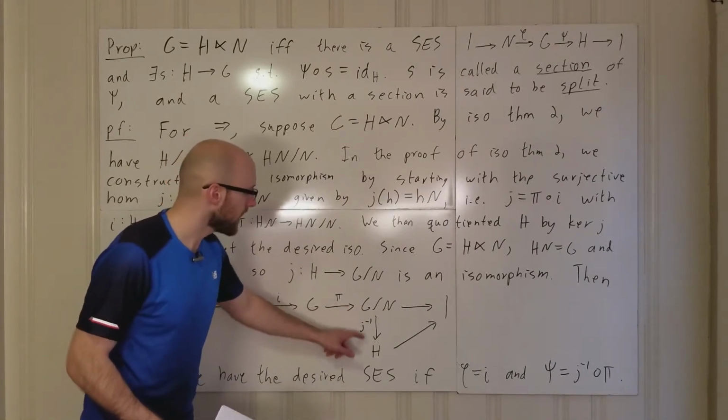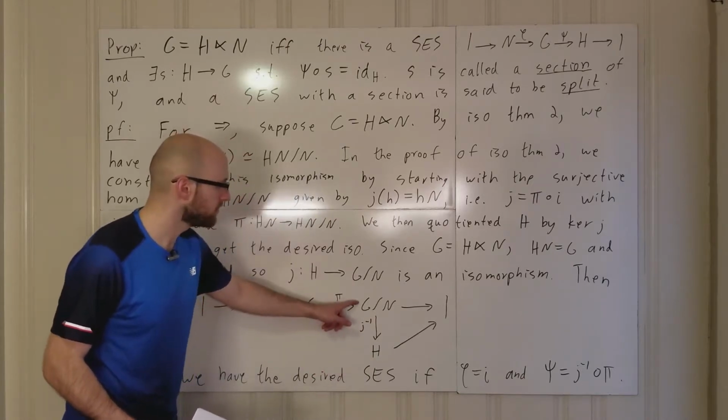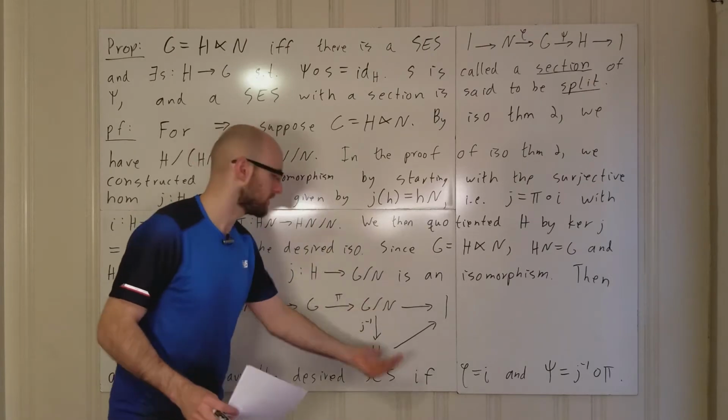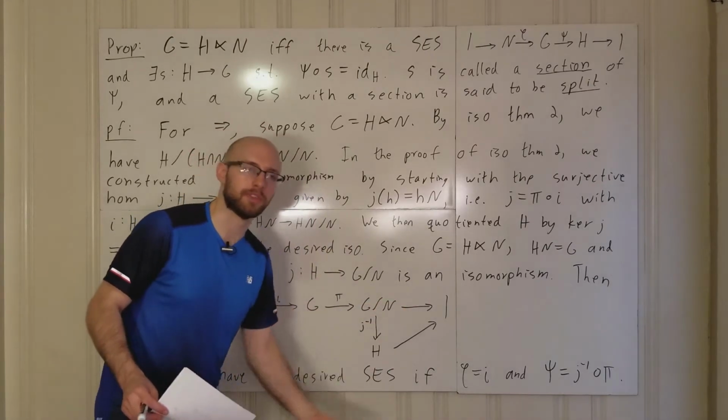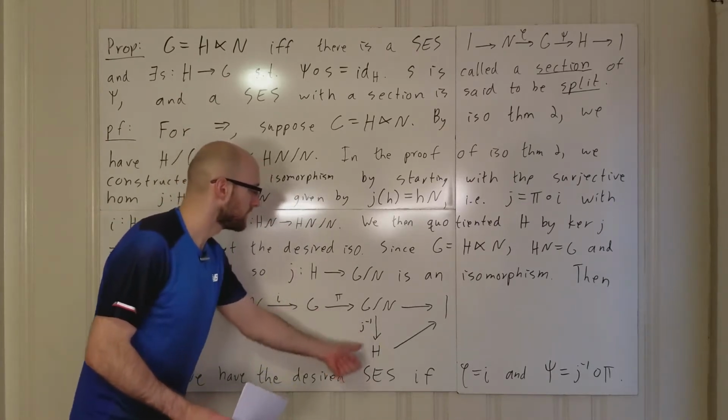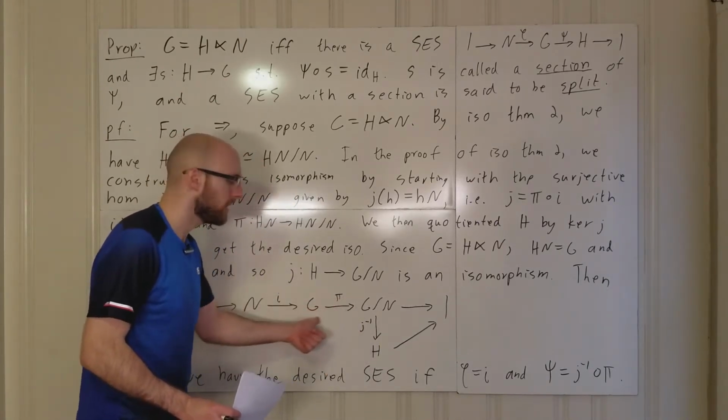But here we don't add any new elements to the kernel. The kernel of G mod N is the identity because it's injective, because it's an isomorphism. And so this map has the same kernel as pi does.